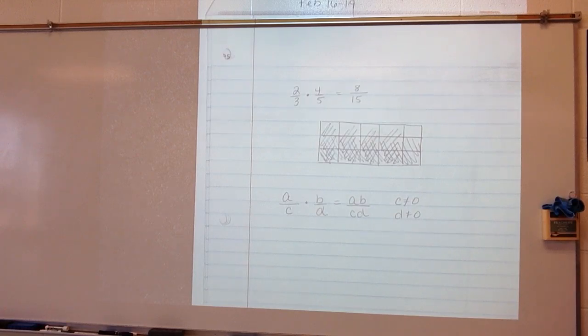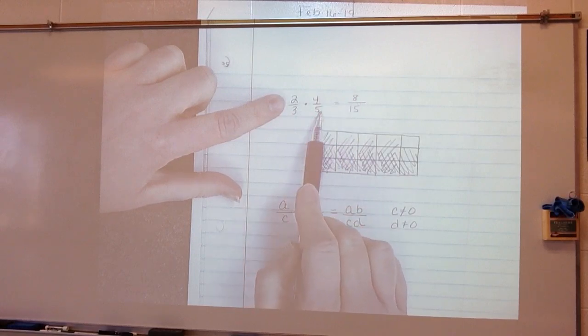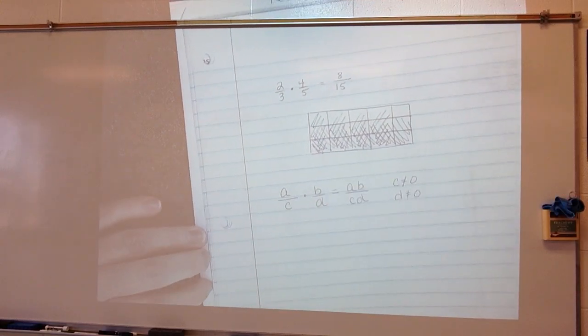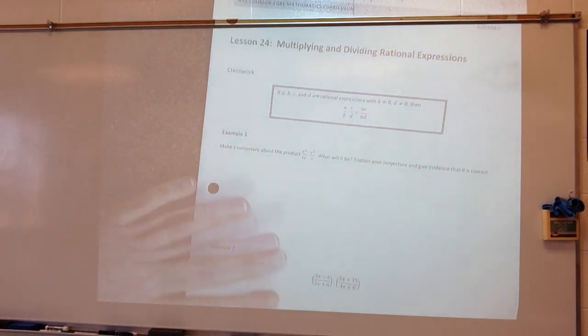This rule is also valid for real numbers. If you remember how to multiply fractions, 2 times 4 is 8, 3 times 5 is 15.